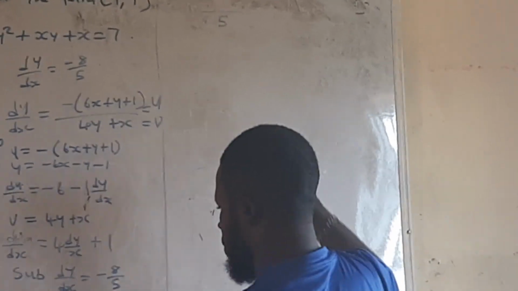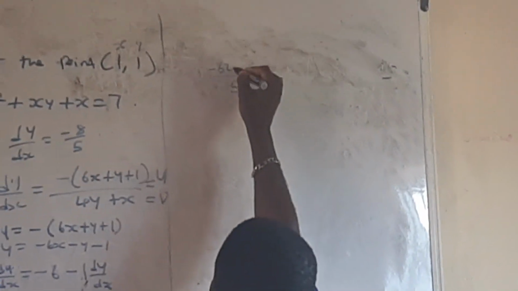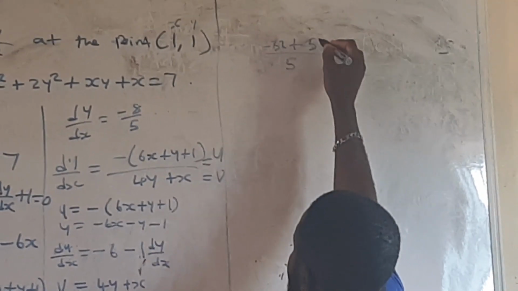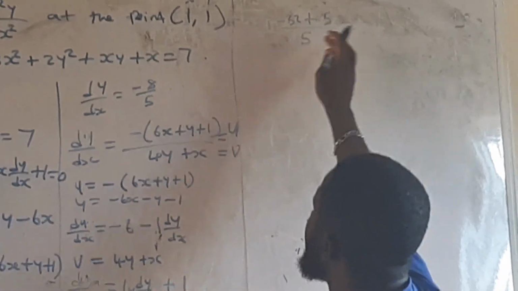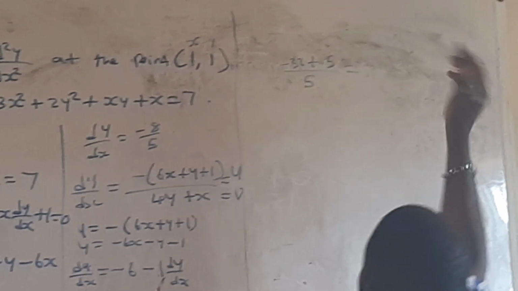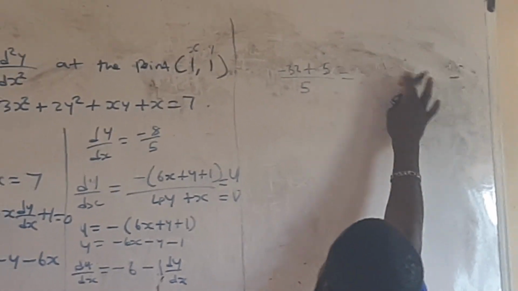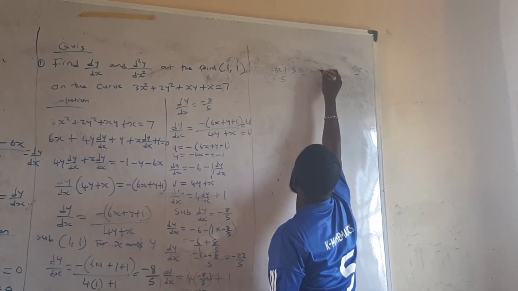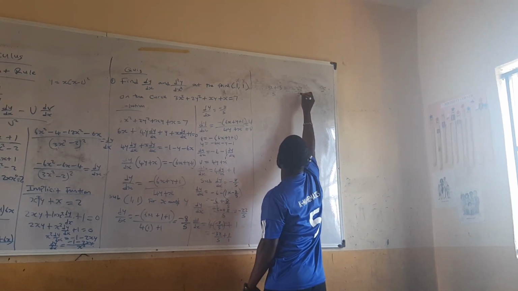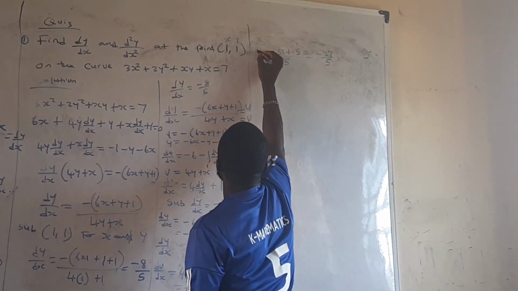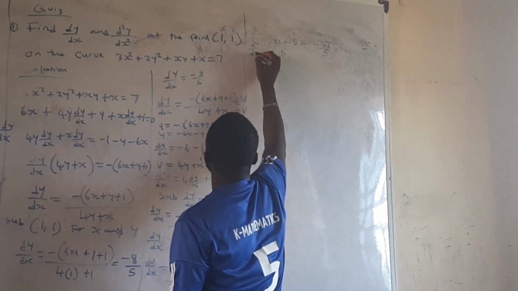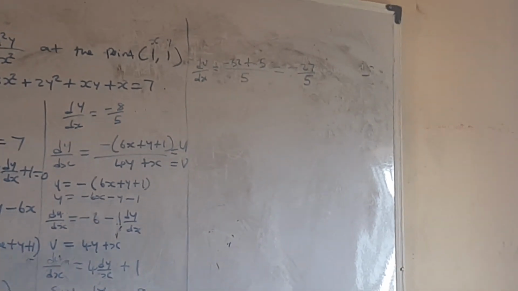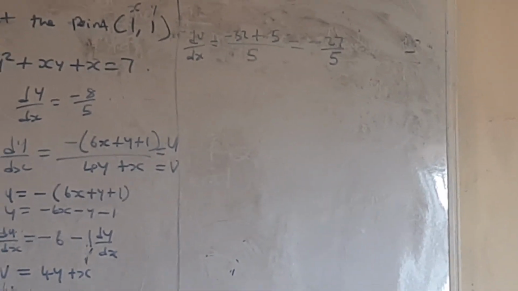We have minus 32 plus 1 in 5 is 5, 5 times 1 is 5. That will give you minus 32 plus 5, that will give you 27. That's minus 27 all over 5. So this is our dv/dx. Yeah, good. So we've gotten our dv/dx, so we have all the values for our quotient rule.